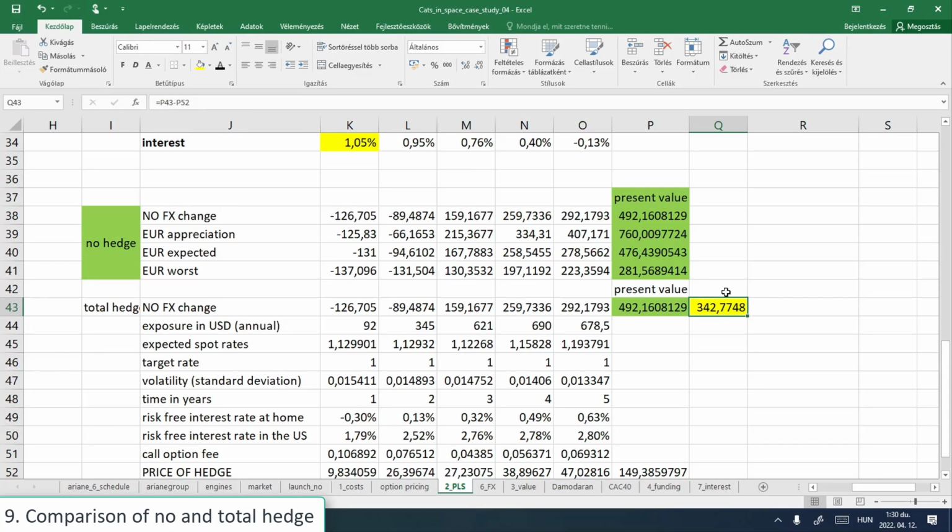So if no changes are happening, and we are lucky, so in this case we are lucky, without any changes, then this one is better than the hedged opportunity. If we are absolutely lucky, so changes are happening in our favor, then we can make double the amount of money.